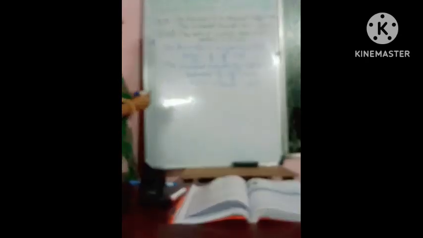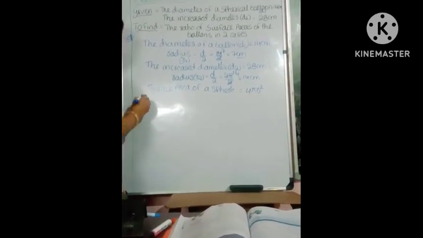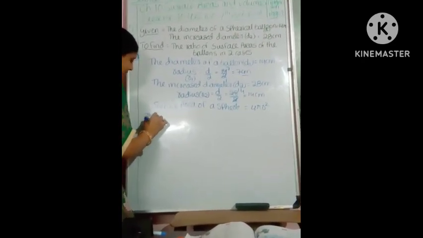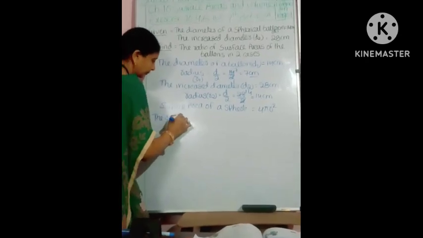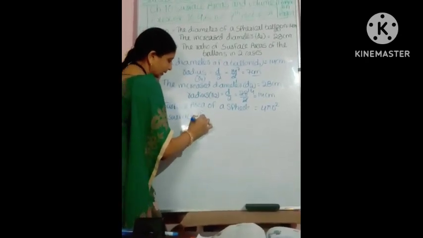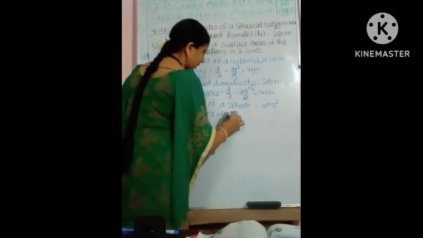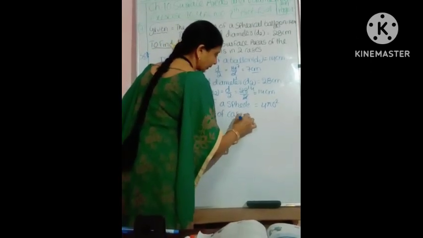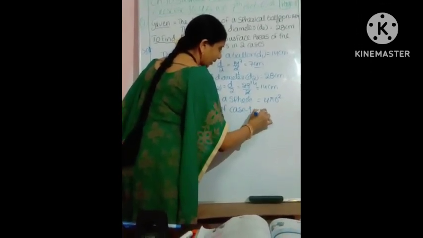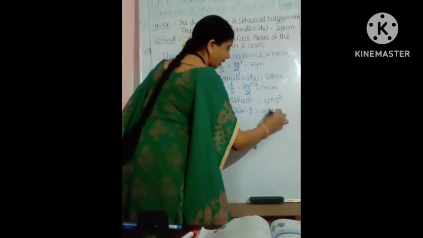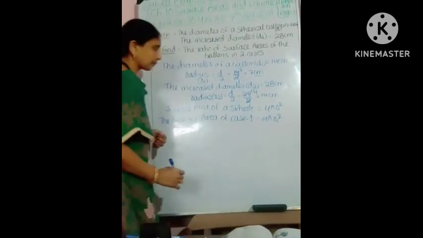The ratio of the surface areas in the 2 cases, how to calculate the ratio? The surface area of case 1 is equal to 4πR1 square.